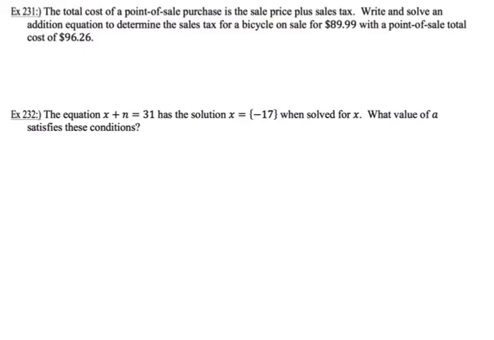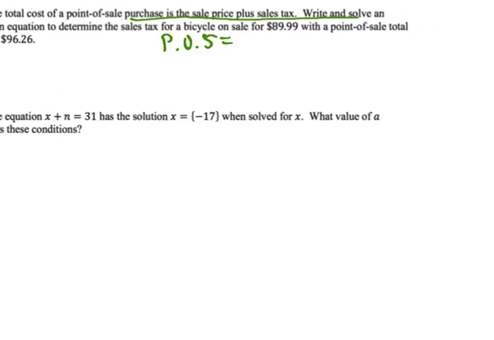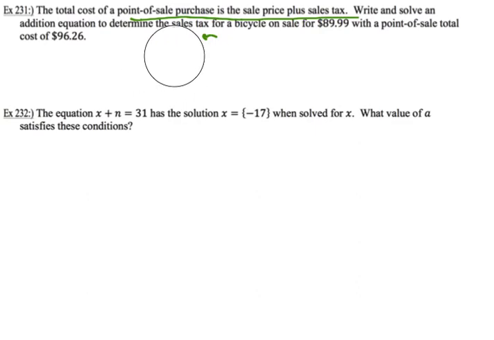Now up here, they tell us that the point of sale purchase is the sell price plus sales tax. So your point of sale is equal to, let's just call it P for purchase. We're just kind of putting things together here. So your purchase price is going to equal the sell price plus tax.